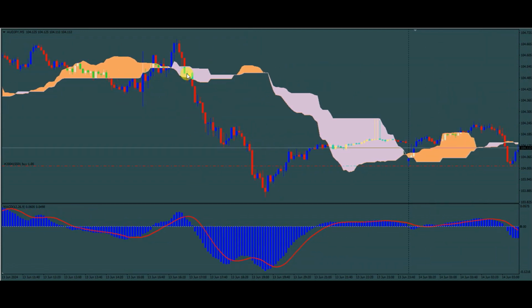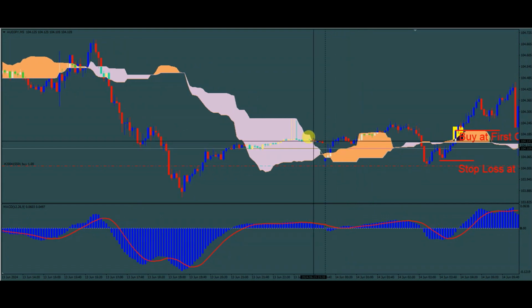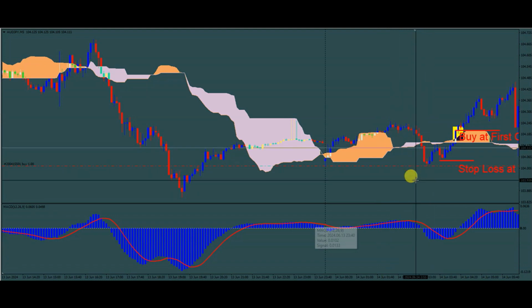So here again, as you can see, price is below the cloud and the MACD is below the zero line, so you open your sell trade. So here you see the price is above the cloud and the MACD is above the zero line. You open your buy trade.